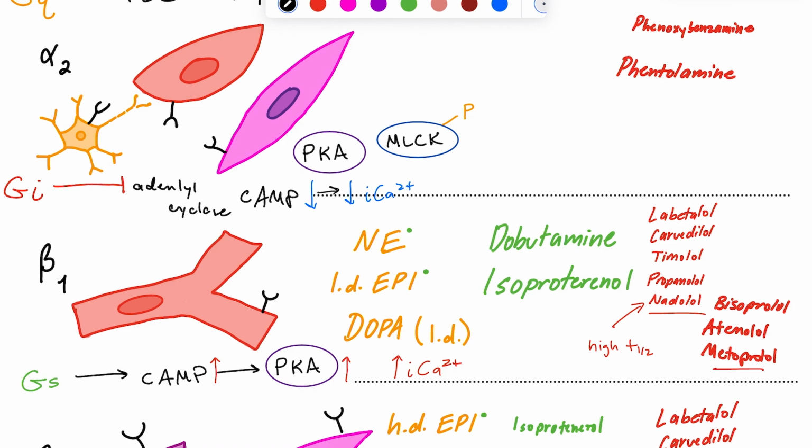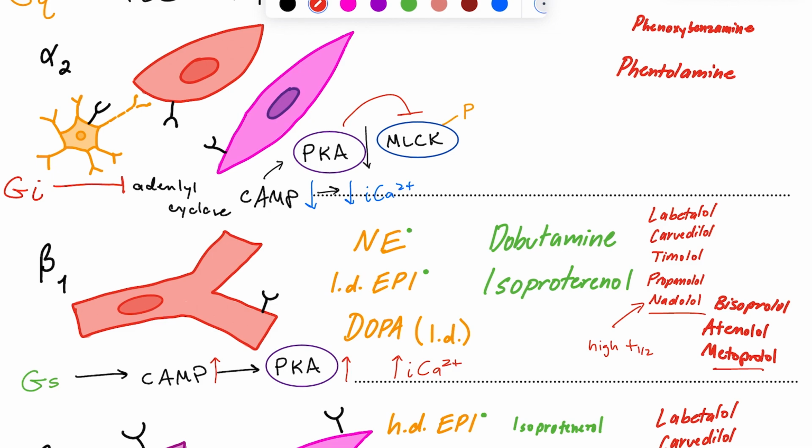However, in smooth muscle cells, namely the vascular smooth muscle cells and normal abdominal or gut smooth muscle cells, you're also going to get a decrease in protein kinase A. And that's actually going to inhibit the phosphorylation of myosin light chain kinase.